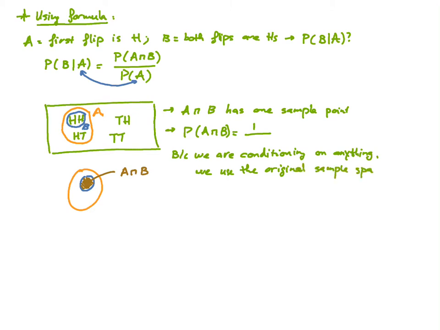The original sample space consists of 4 sample points, and so the probability of the intersection of A and B is 1/4.